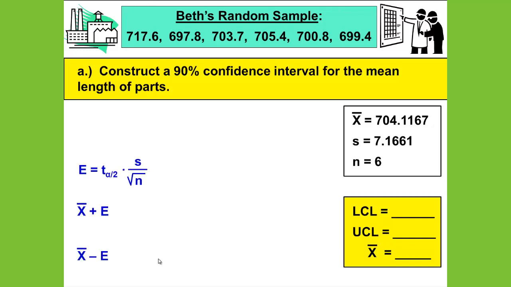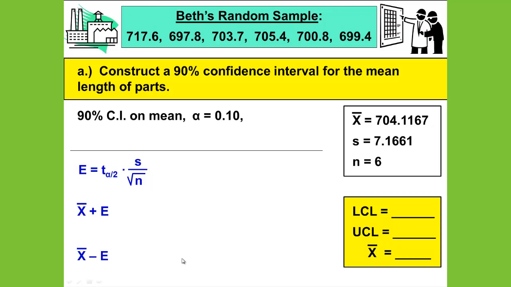And that means the first thing we want to find is our t sub alpha divided by 2. We're looking for 90% confidence. That means our alpha is 0.10 or 10%. Our degrees of freedom is n minus 1, 6 minus 1, which is 5. And alpha divided by 2 is 0.05.